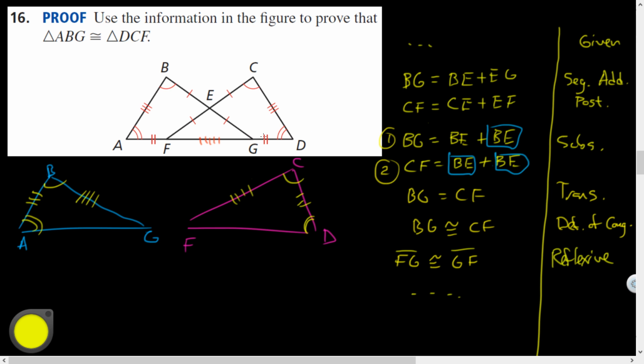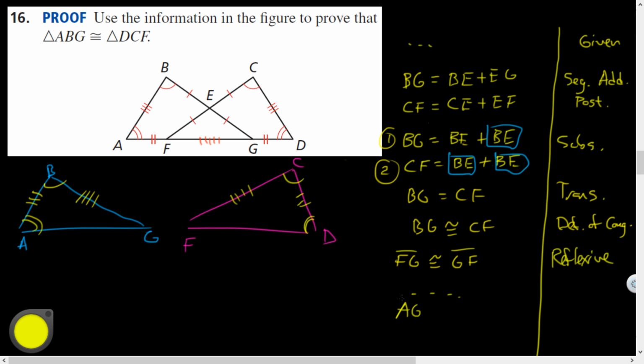Then using substitution, I could substitute one of those for the other in each other's statements. And then I know that this plus that is the same as this plus that. And then using another transitive property, I would end up being able to say AG is equal to FD or DF.